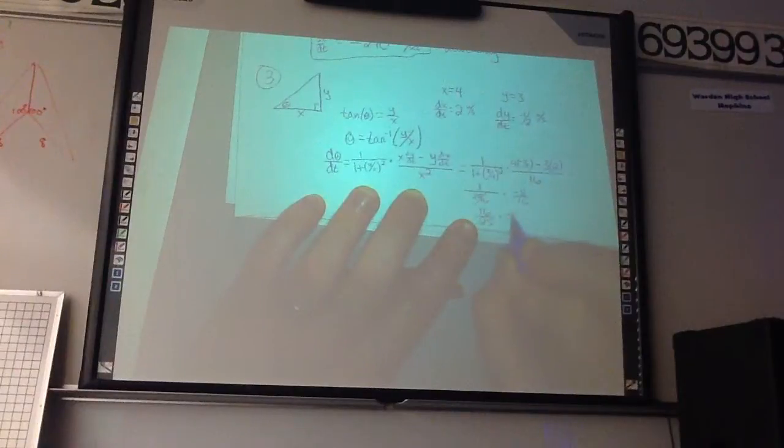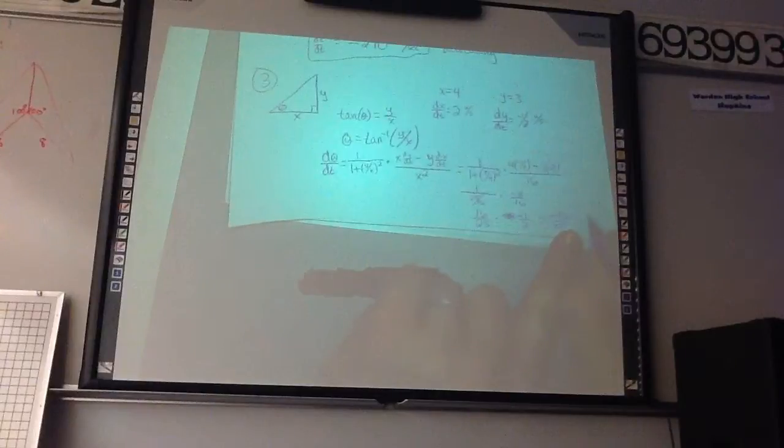So I get negative 16/50ths, which is negative 8/25ths. You can't go any further, and that's your answer, radians per second.